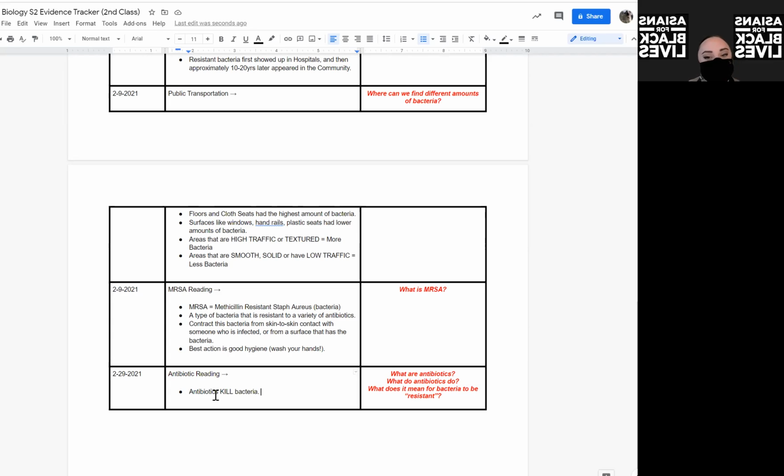Okay. So what does it mean then if bacteria are resistant to antibiotics?